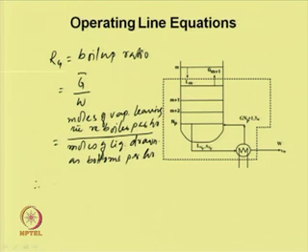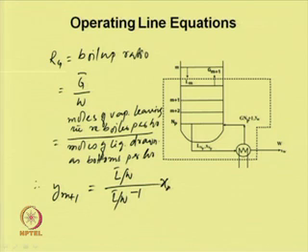So, we can write y m plus 1 would be equal to L bar by W divided by L bar by W minus 1 x m minus 1 by L bar by W minus 1 x w.